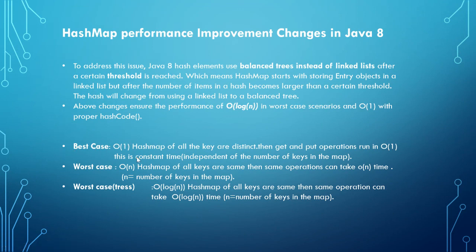So if all the hash codes are similar, the balanced tree gives log n. Using the tree improves performance because internally the tree stores the elements so that if a value is greater it is stored on the left side, otherwise on the right side. That is how the balancing of the tree works internally, and that is the improvement.